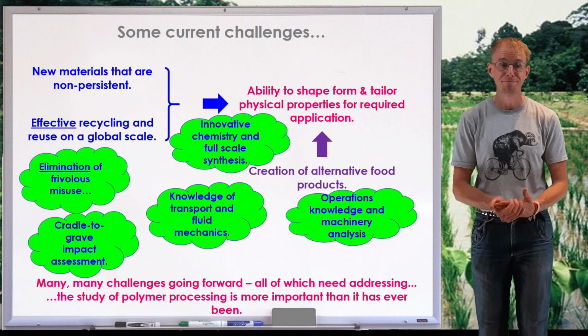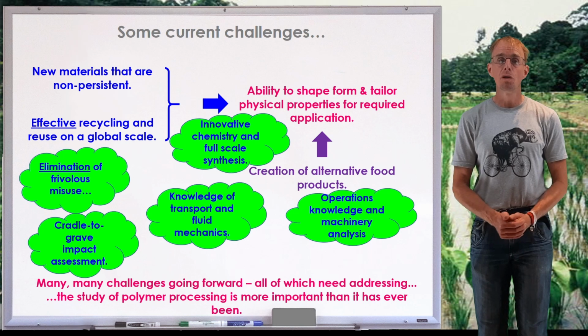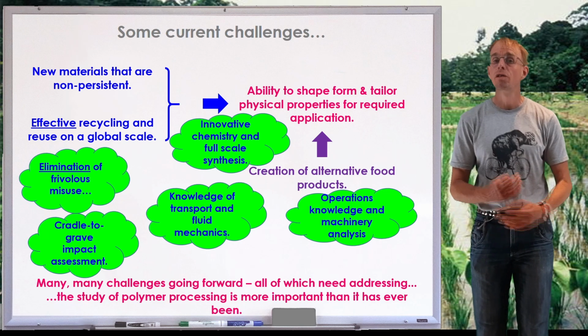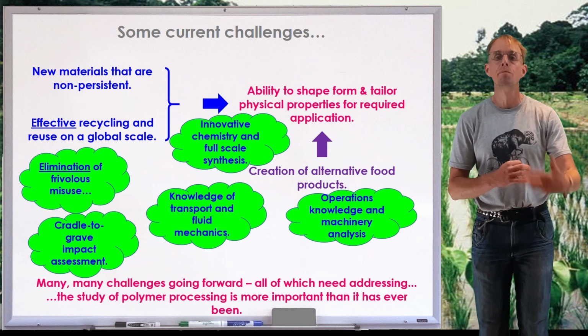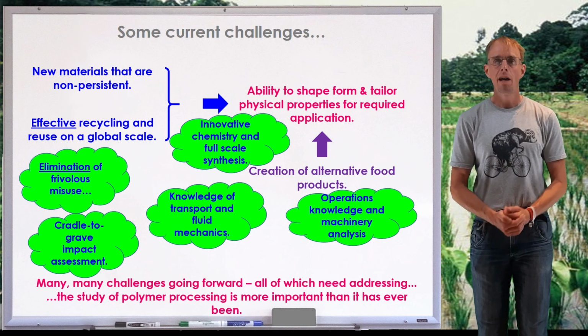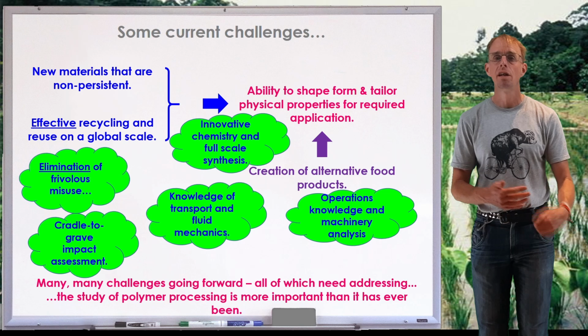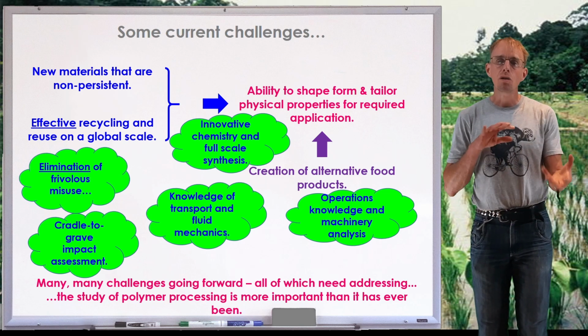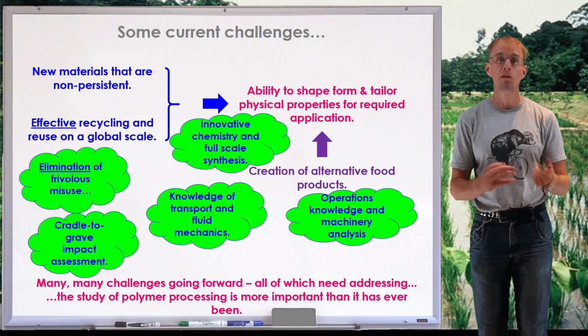So we need knowledge. In order to replace engineering materials that we've got, we're going to need some very innovative chemistry and very innovative full-scale synthesis. With innovative chemistry, for example, some of the things that might be looked at is how you uncross-link materials, how you try and promote biodegradation, how maybe you can encourage existing bacteria, fungi, enzymes in nature to use polymeric products after a certain time as their source food, much as they would any other, say, carbohydrate or starch.